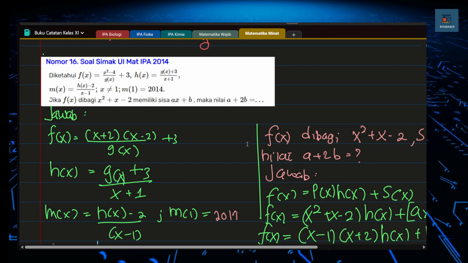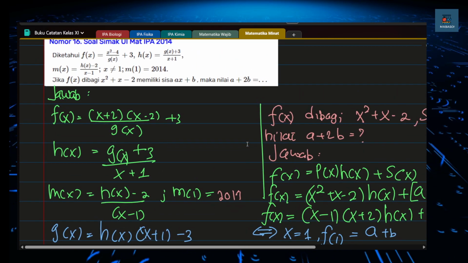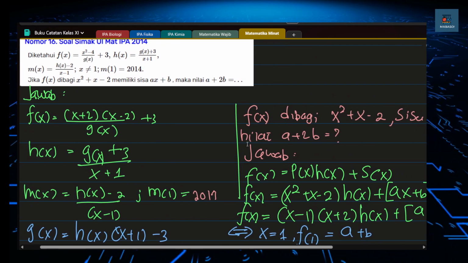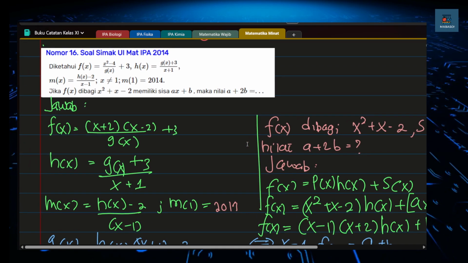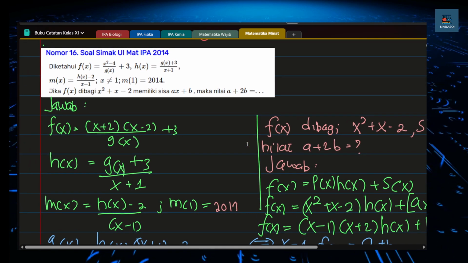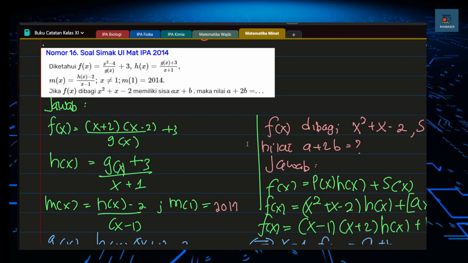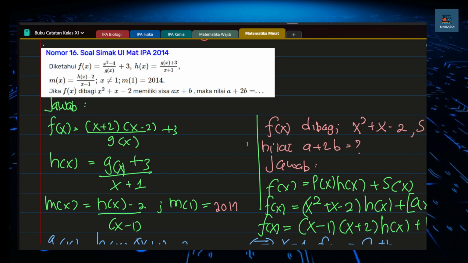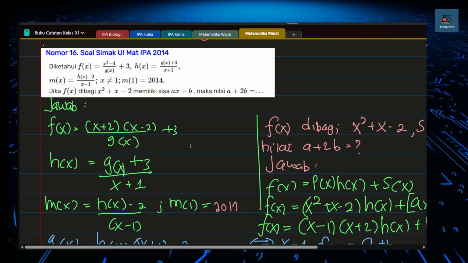I've already written my solution here, as you might have seen, for the sake of the efficiency of our discussion. I think it would be more efficient this way, compared to writing it spontaneously. Okay, let's continue to the question.